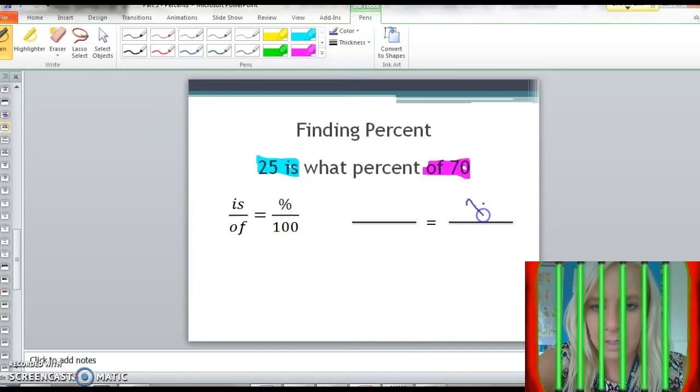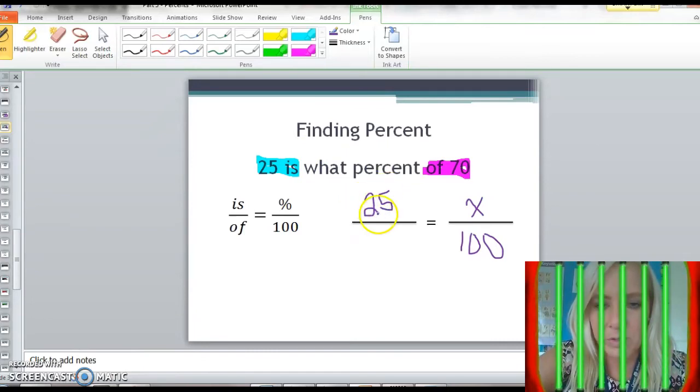So I'm going to use x to represent my percent over 100. 25 is what percent x of 70? So again, I'm going to use my cross multiplication. 70 times x, which is 70x, is equal to, I'm going to do this in one step, 25 times 100, which is 2,500.